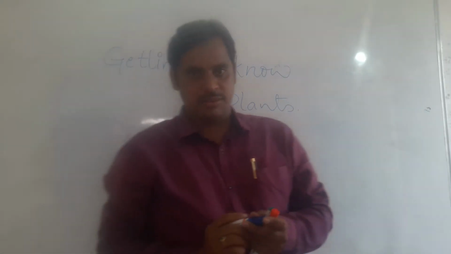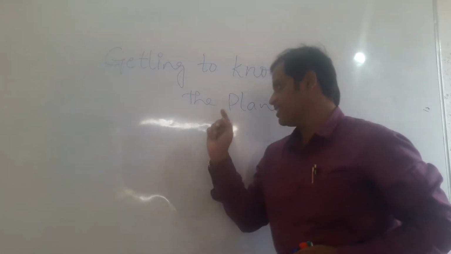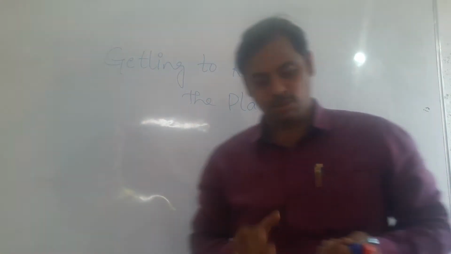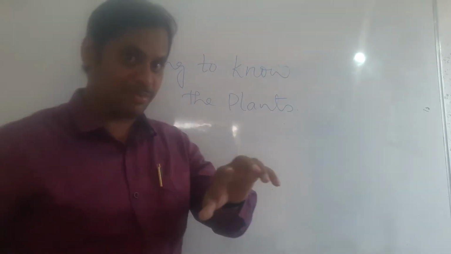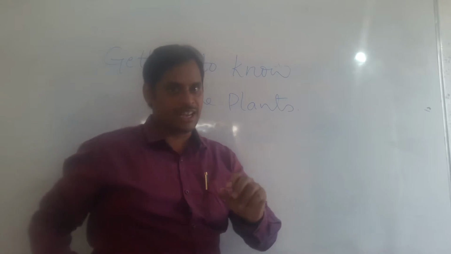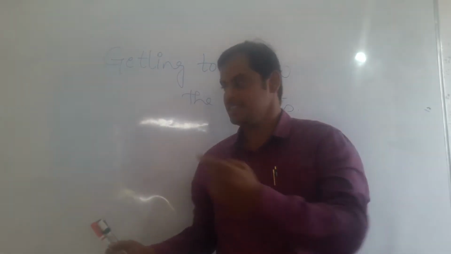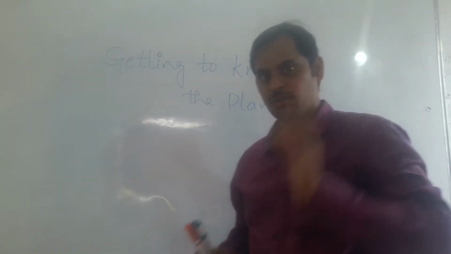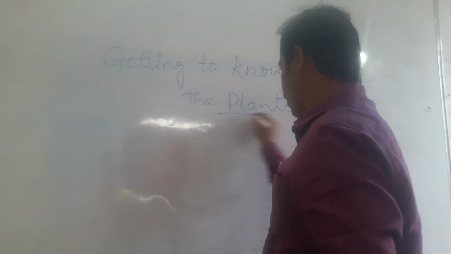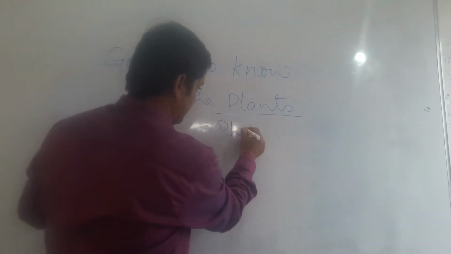So what is a plant? Plant is a living thing, the only living thing that is able to prepare its own food, and all animals depend upon plants for food. Whereas plants don't eat idli, vada, dosa, puri, etc. Why? Because they are able to prepare their own food, and the process by which they make food is called photosynthesis.